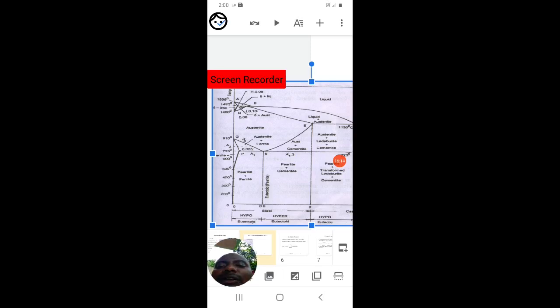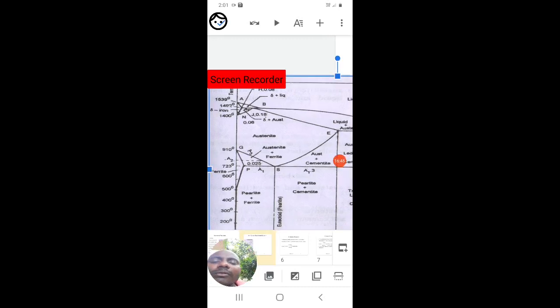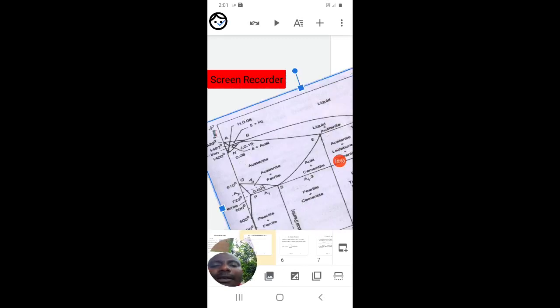Here delta plus liquid iron, the intermediate phase, gives rise to the austenite phase at the temperature 1492 degrees centigrade and 0.08 percent carbon. Peritectic is a chemical name. That means liquid plus one form of solid gives rise to another type of solid. This is called the peritectic reaction.